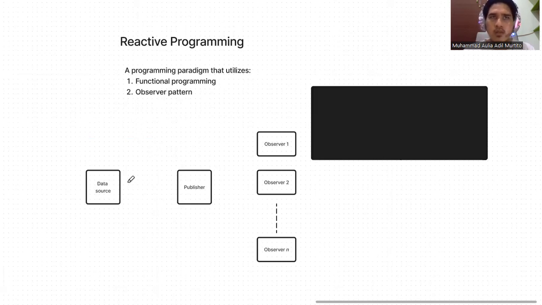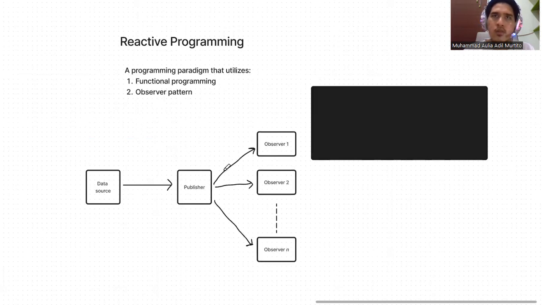First of all, the flow is that it continues the data to the publisher, and then the publisher continues it to its observers that subscribe to the publisher.